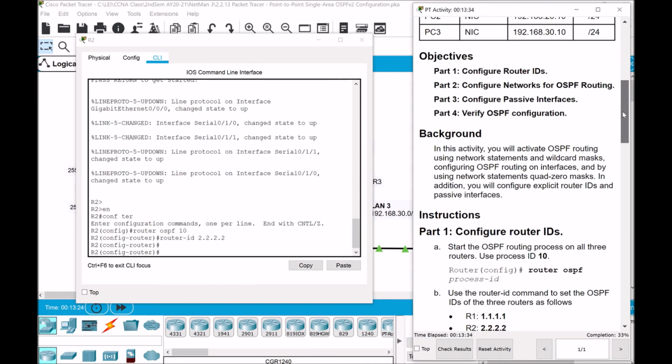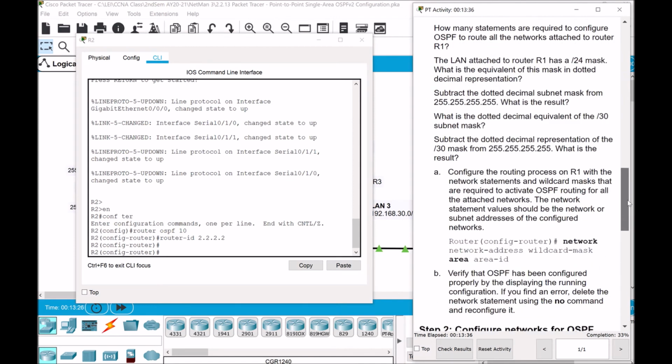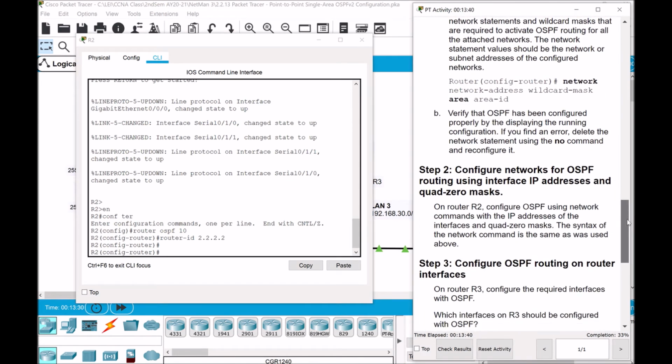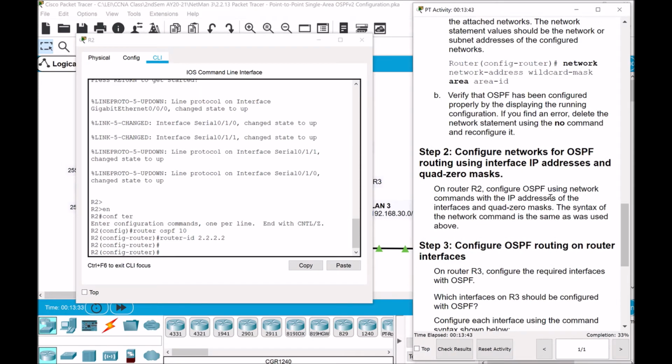Going back to the instructions, that is actually step 2 already. In step 2, we configure networks for OSPF routing, this time using the interface IP addresses and quad 0 mask. So that is what we'll be doing for the second router.